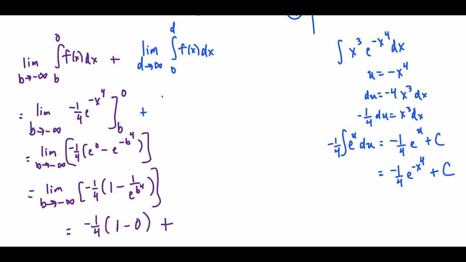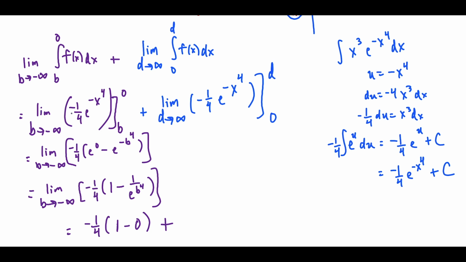Now for this one, we're doing the same thing, the limit, but now as d goes to infinity. The antiderivative is still negative 1/4 e to the negative x to the fourth power, but now our limits are 0 and d. I'm just going to throw parentheses here, because sometimes with this minus sign it can get a little bit tricky, so just to make sure the notation is nice.